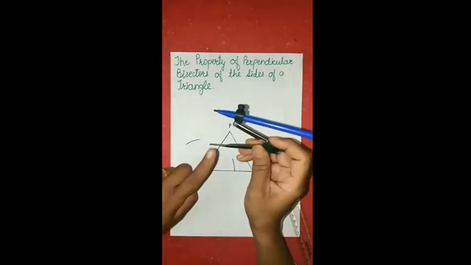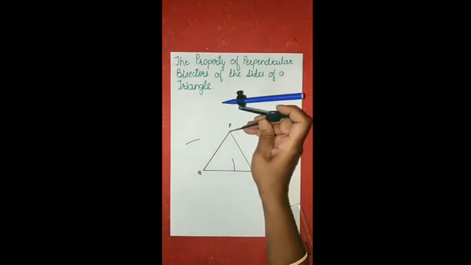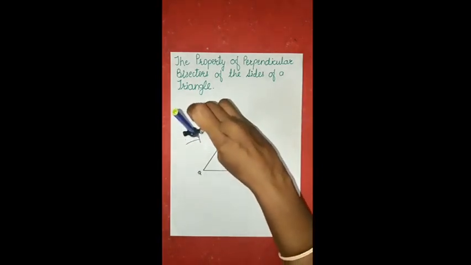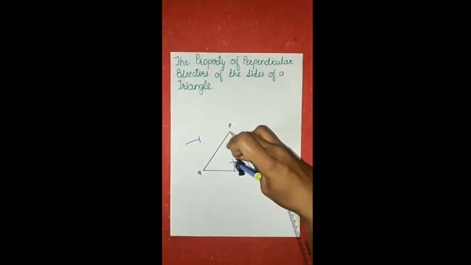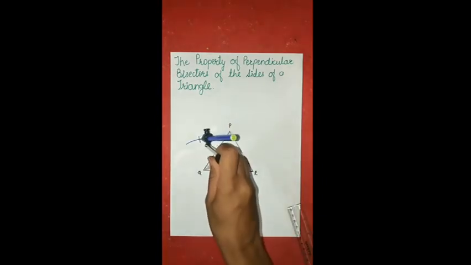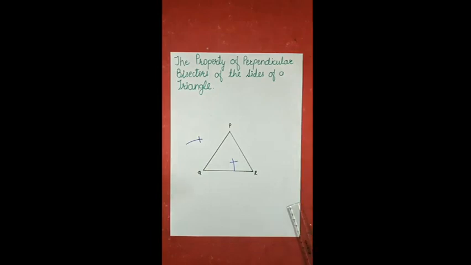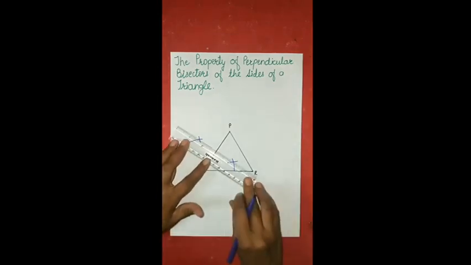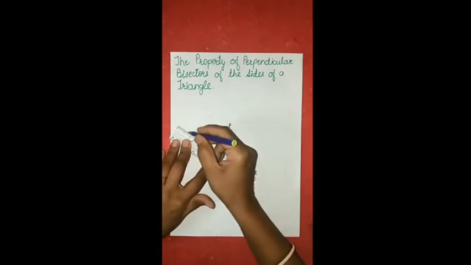Now without changing the measure, put the needle end on vertex P. Give the arc on both the sides of the segment PQ like this. Now join these 2 intersecting points. You will get the perpendicular bisector of segment PQ.